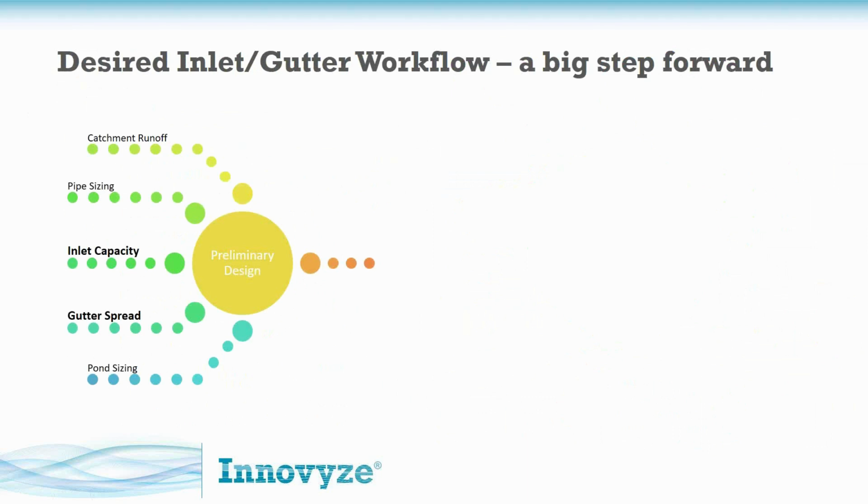That's all this preliminary design. The big focus of XP drainage is making those really easy to put together. They're such simple individual calculations, so let's automate getting those lined up.